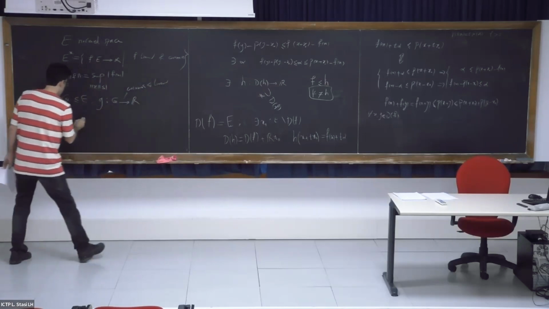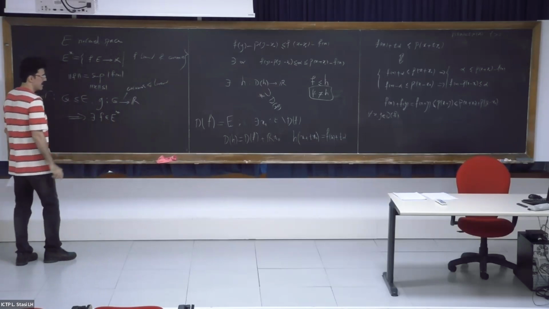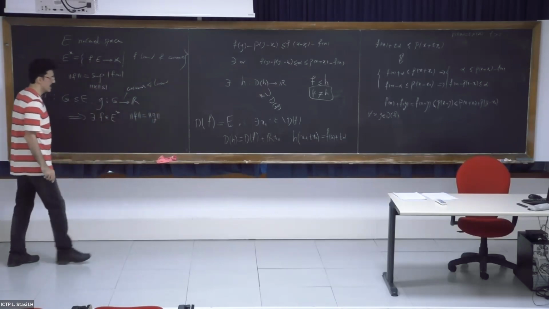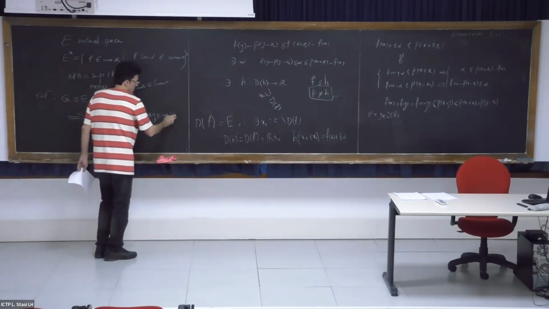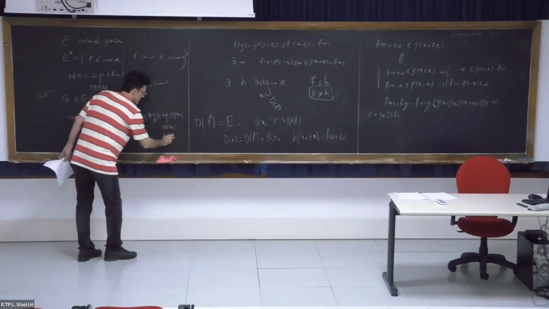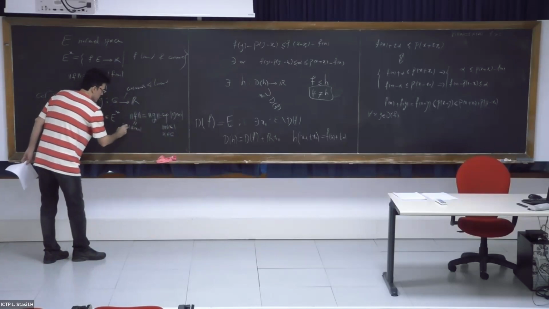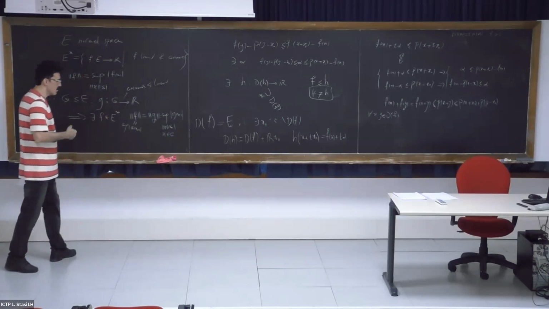There exists some f in E star such that the norm of f is the norm of G. Here, I mentioned that it is the sup of G of x for x in G. But here, it is defined like this, the sup of the absolute value of f of x. We may also remove the absolute value.